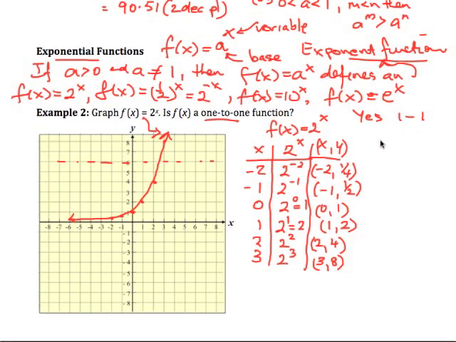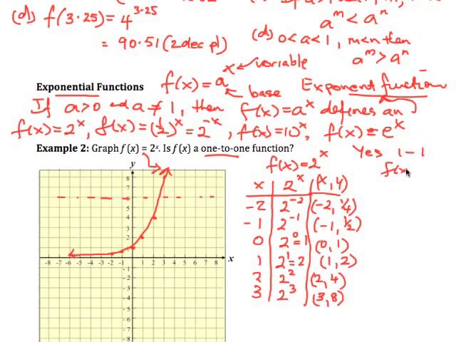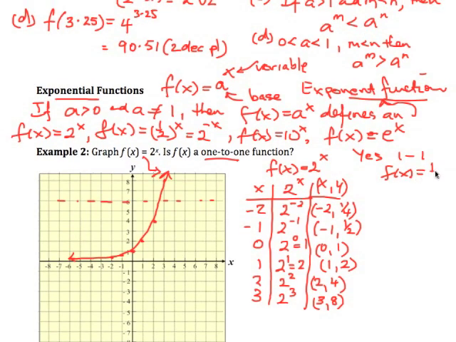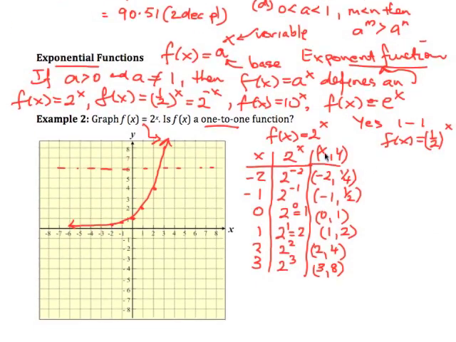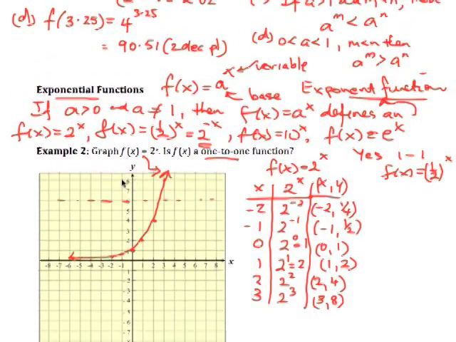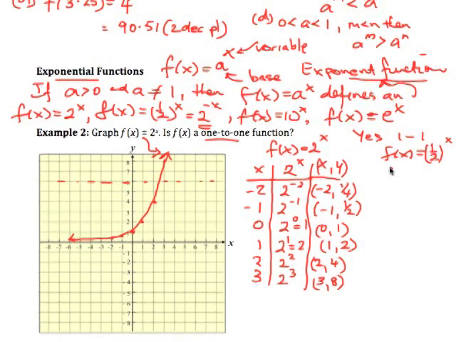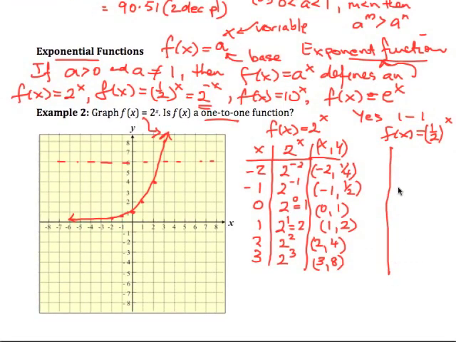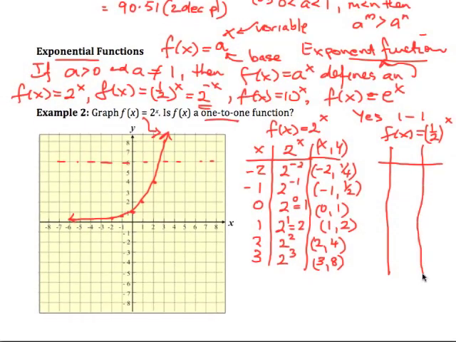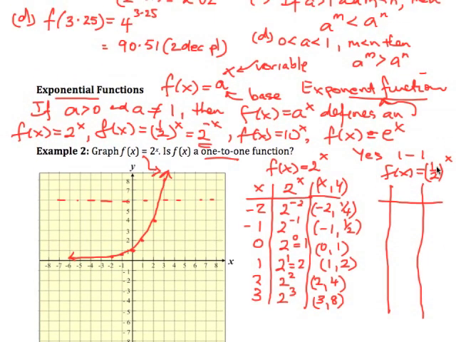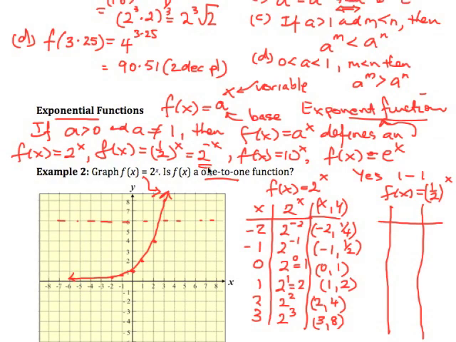Now, what if I had f of x equal to 1/2 to the x, which is really this one here? How would this actually change? Well, you should have some idea based on the fact that the negative now is being applied to the x part first.